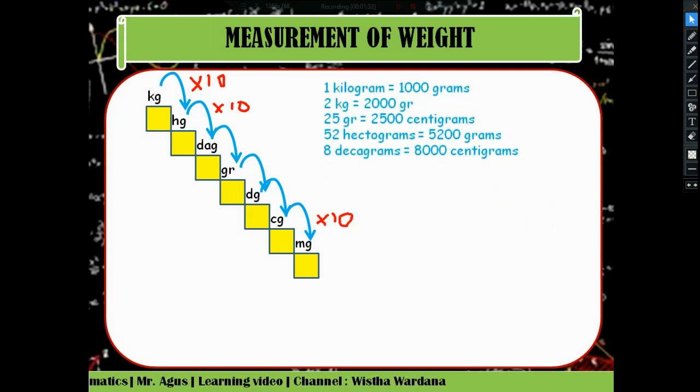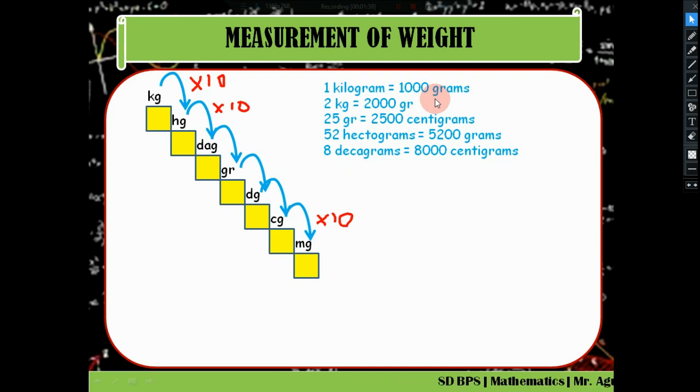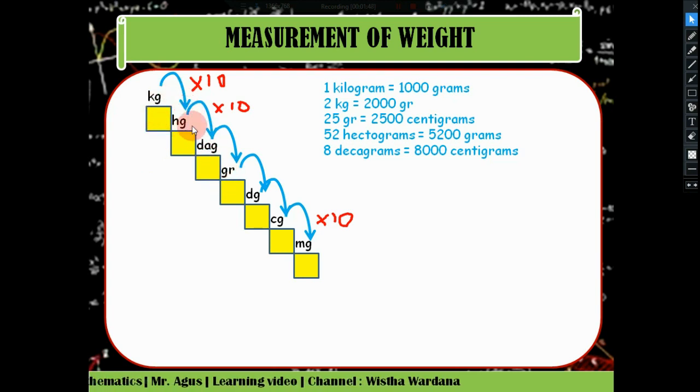If we have 1 kilogram, you will get 1000 grams. Why? Because from kilogram to gram, you will move down 3 steps to arrive at gram.